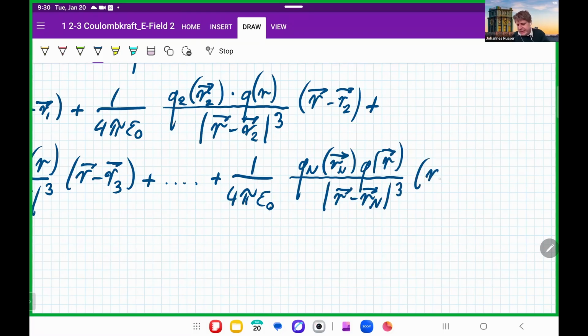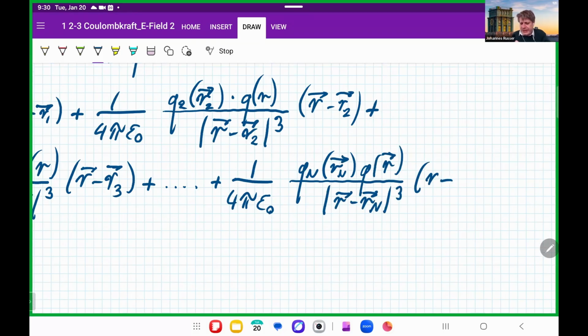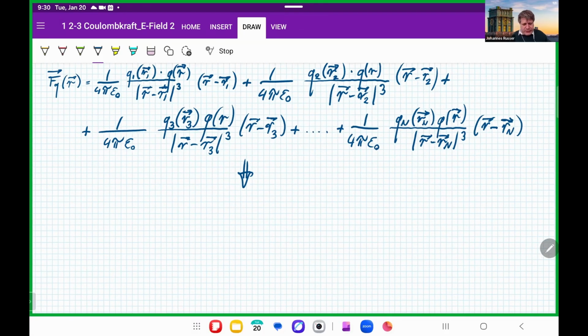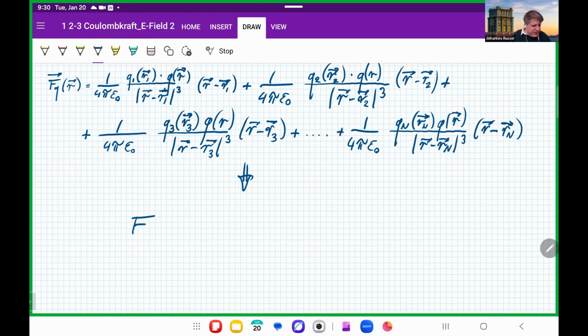Yeah, it becomes a bit tedious if you write that out for a large number of charges. You can make it simpler, because you see a lot of things are written repeatedly here.